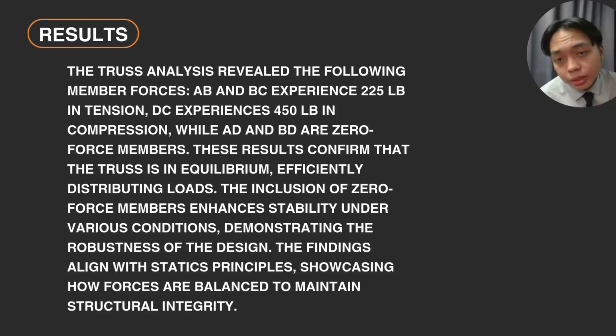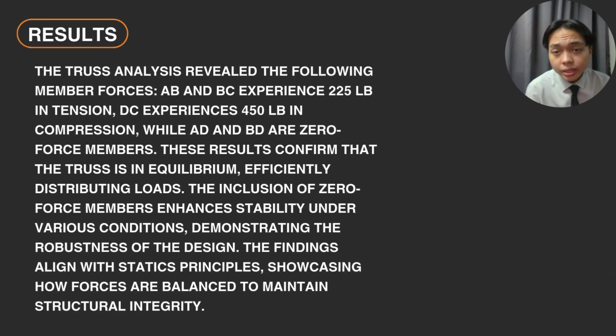As for the results, the truss analysis revealed the following member forces. AB and BC experience 225 pounds in tension, and DC experiences 450 pounds in compression, while AD and BD are zero force members. It also mentions that this result confirmed that the truss is indeed in equilibrium, efficiently distributing loads.